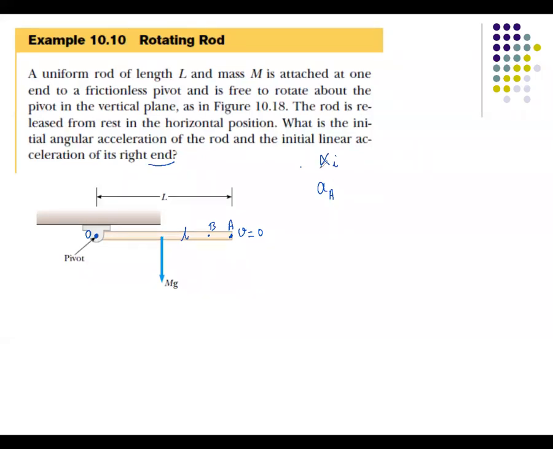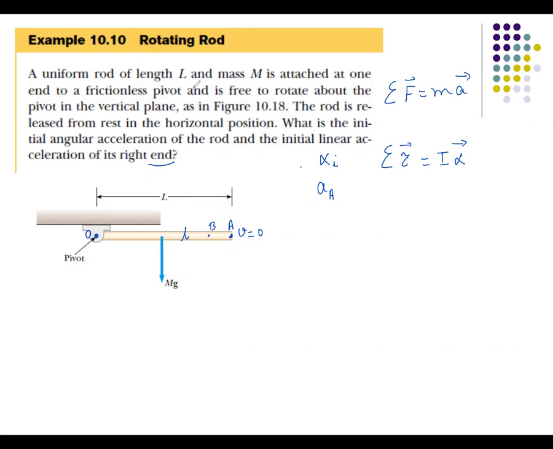To calculate alpha or a, we have a simple relation: summation of tau equals I times alpha. Also we have summation of F equals M times a. In the case of rotational motion, I use this relation.